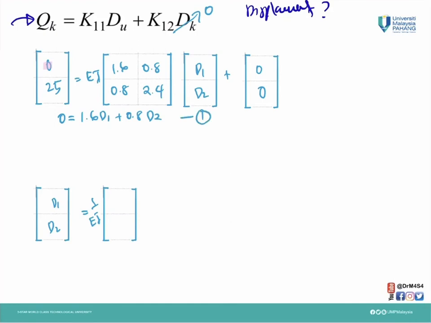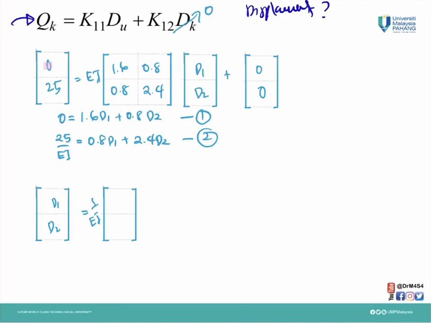Then we're going to have the second equation, 25. We take EI constant to the other side. So we're going to have 0.8 d1 plus 2.4 d2. So this is the second equation.